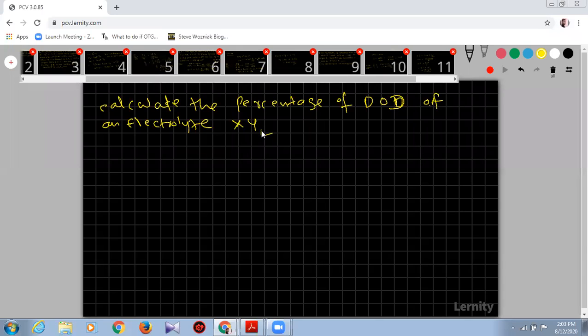The normal molecular weight is 164 in water.